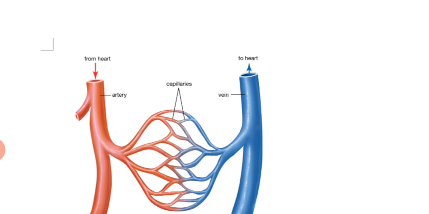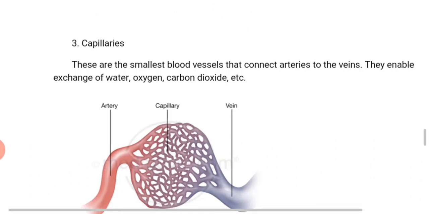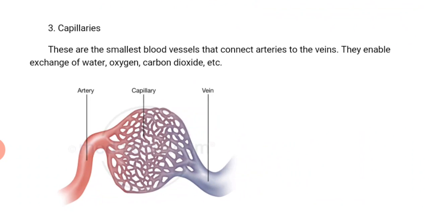The third one is called capillaries. What do I call it? Capillaries. Capillaries are the smallest blood vessels that connect arteries to the veins. They enable the exchange of water, oxygen, carbon dioxide, and so on.